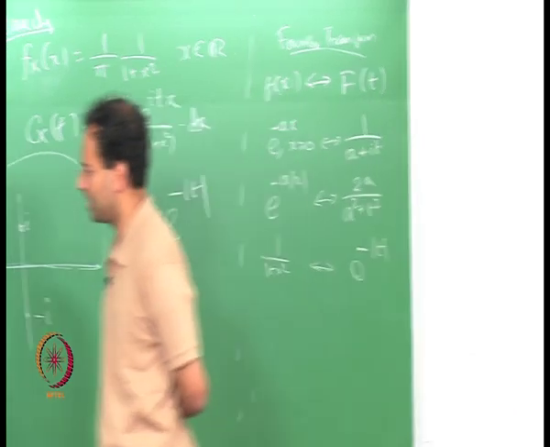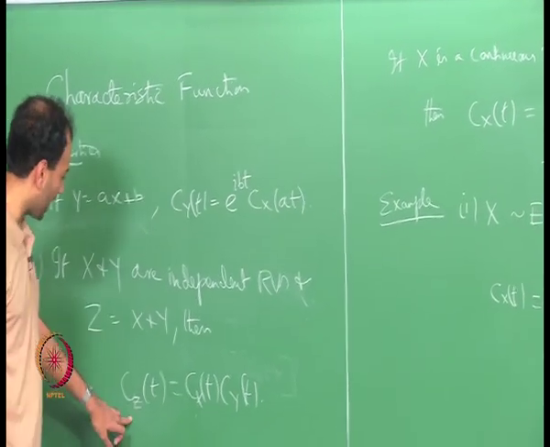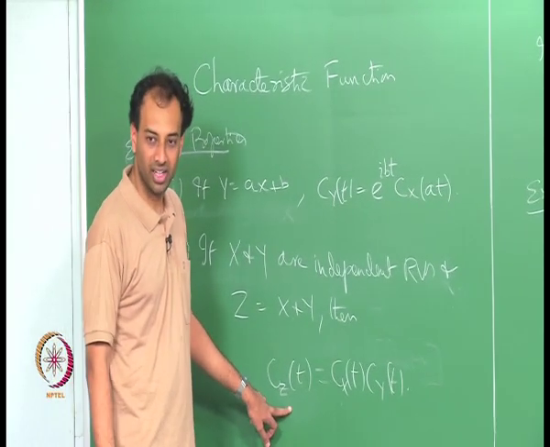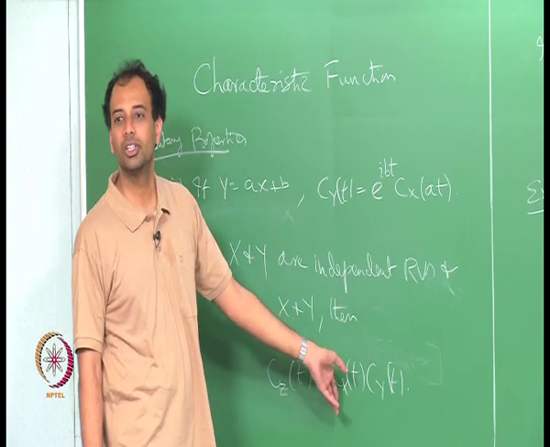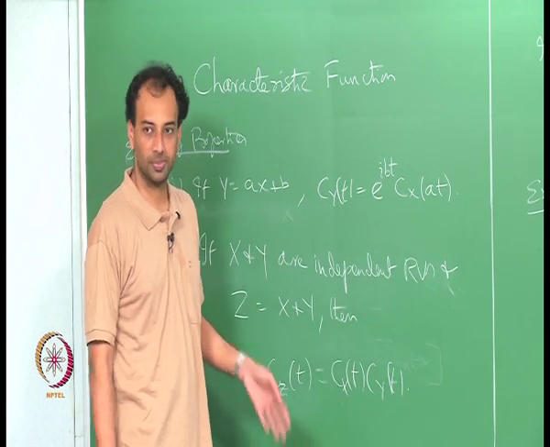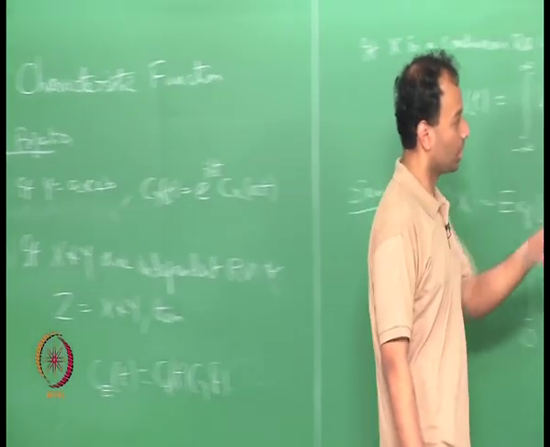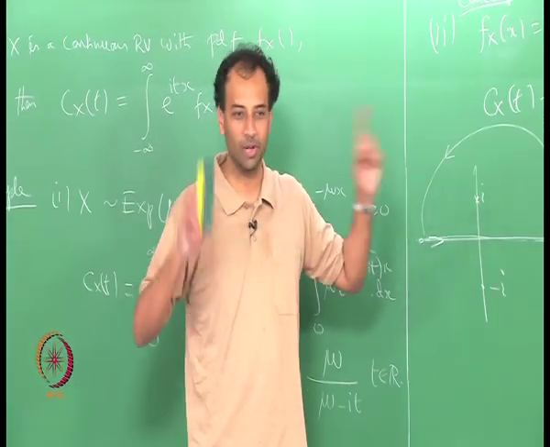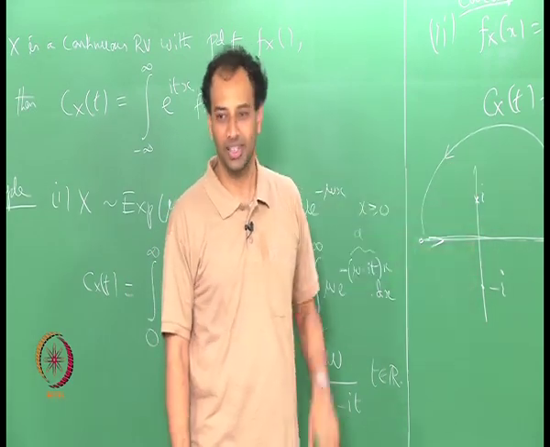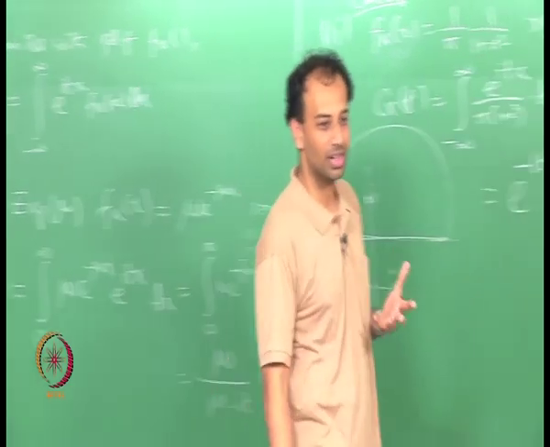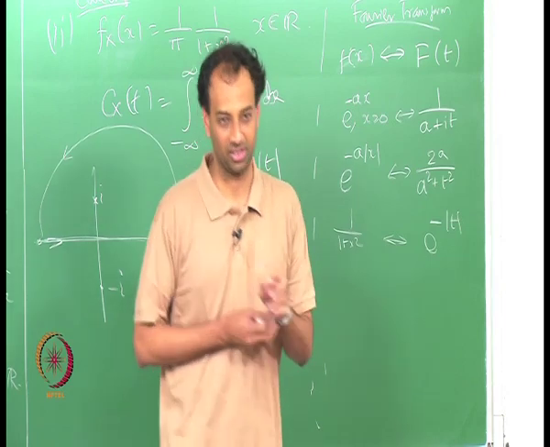The proof of this is straightforward. It is just the expectation of e power I t z, where z is equal to x plus y, and the proof is exactly similar to the proof for the moment generating function. So now you know a new result: the sum of two independent Gaussians is a Gaussian, and the sum of two independent Cauchy distributions is a Cauchy distribution, which you cannot figure out using the moment generating function; you have to use characteristic functions.